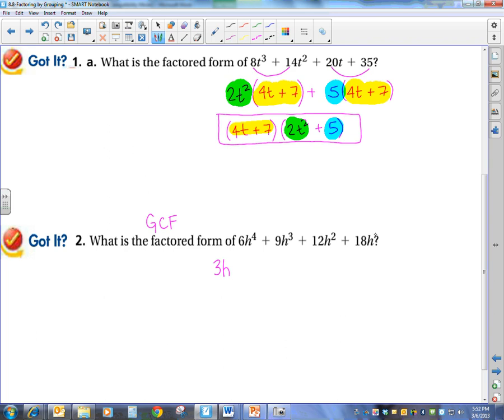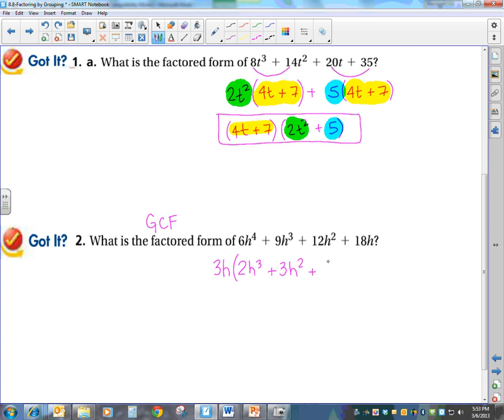The lowest exponent is a 1, so that's what my common factor is. So we divide 6 divided by 3. And I had 4 h's. I take 1 out. So each of my exponents is going to go down by 1. 4 becomes a 3. 9 divided by 3 is 3. My exponent goes from 3 to 2.